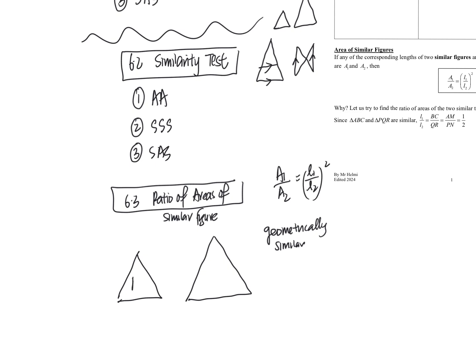Meaning, if I want to know the ratio of their area, I just need to know what is the ratio of one of their sides and I square it.